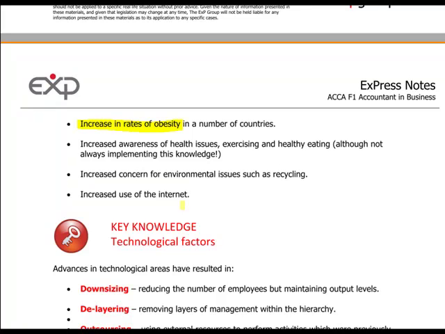So people generally are aware now of the benefits of exercising, the benefits of healthy eating, although, as we've mentioned here, not always implementing this knowledge. Another one we've got is increased concern for environmental issues, recycling, for example. And the final common trend that is being seen at the moment: increased use of the internet.